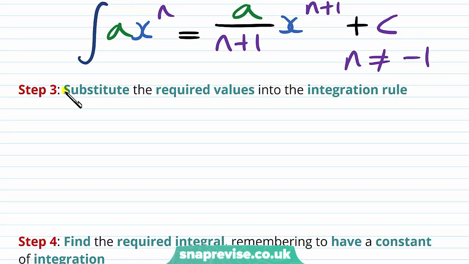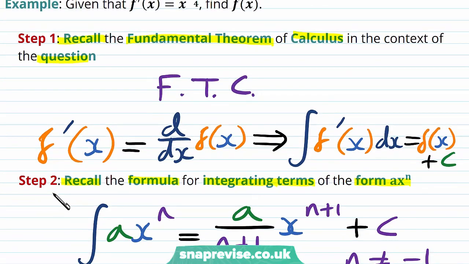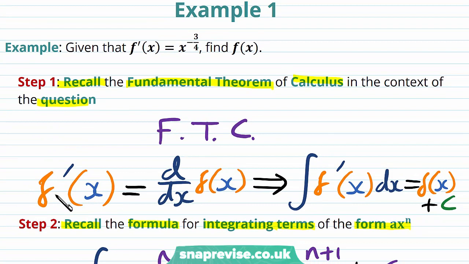Our third step is to substitute the required values into the integration rule. By looking at our fundamental theorem of calculus and the question, we see that we've been given f prime of x is equal to x to the power of minus 3 over 4. And we can find the corresponding f of x by integrating this x to the power of minus 3 over 4.